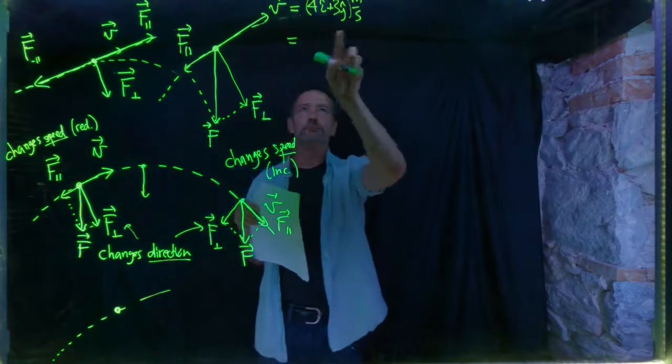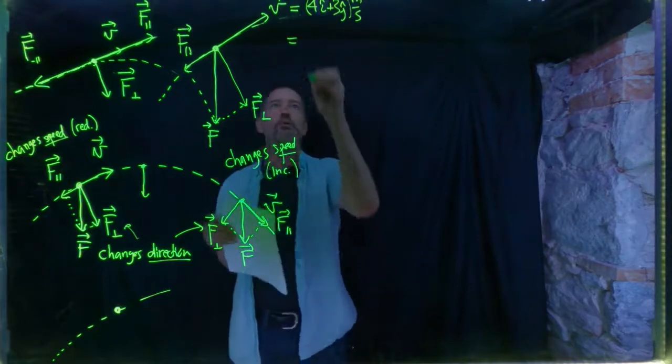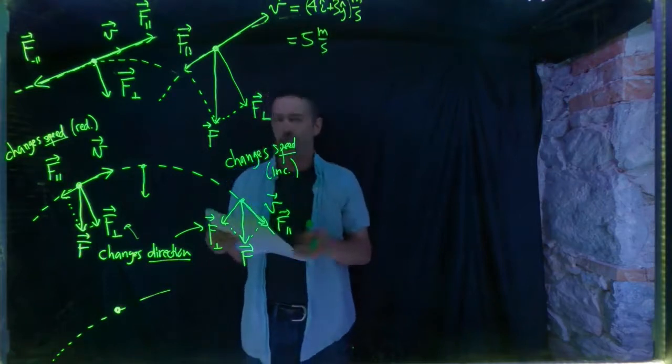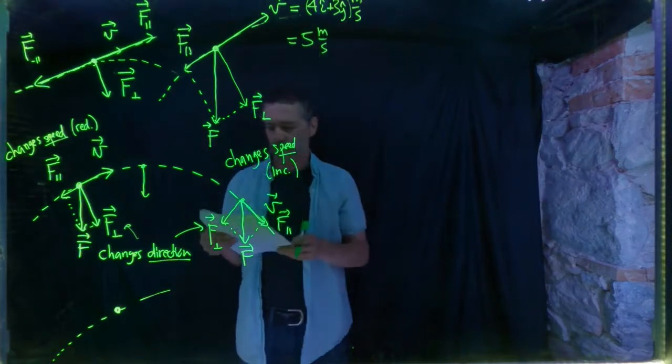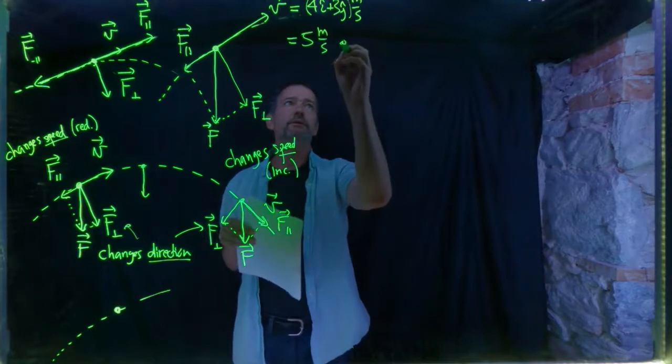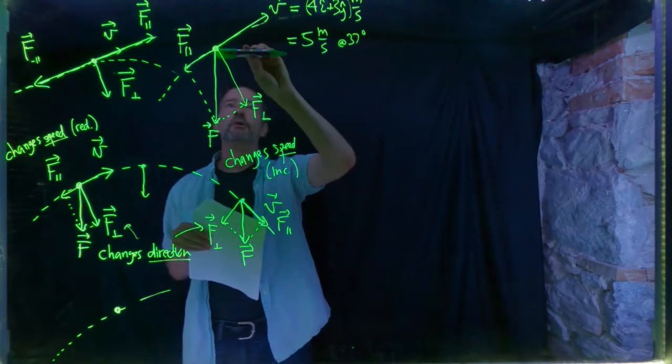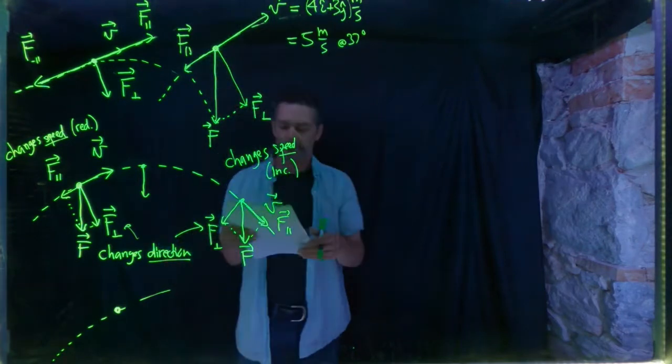So this is in terms of x and y components. Or in terms of speed and direction, it's 5 meters per second, that's the magnitude of that vector, at 37 degrees. And remember, all directions are counterclockwise relative to the horizontal, to the right direction.